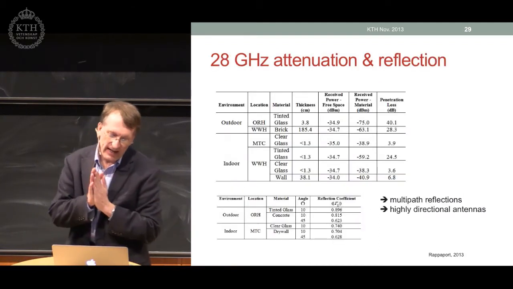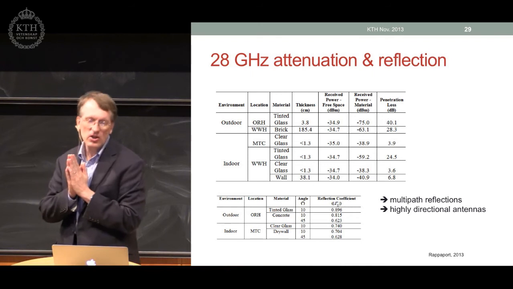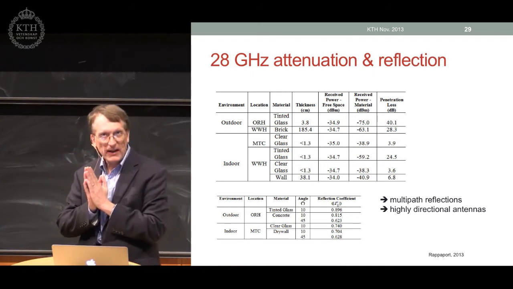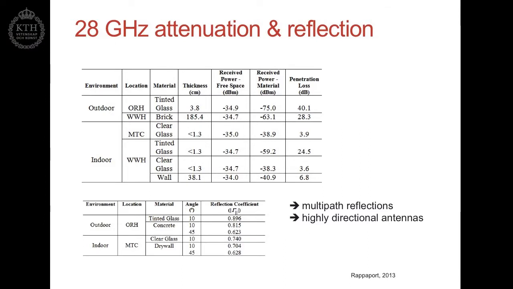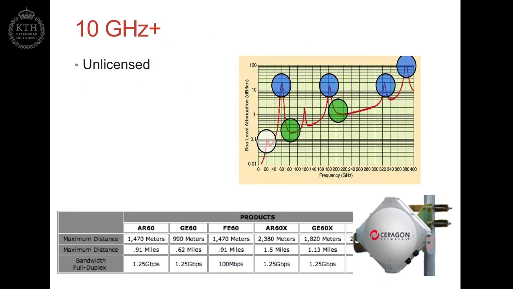Just as one example, people have looked at 28 gigahertz, very much; there's lots of space available there, but it gets reflected because it almost becomes light-like. Windows start to reflect it, and walls attenuate it. And indeed, you have water absorption at some frequencies. This is the gigahertz frequency at the bottom here.